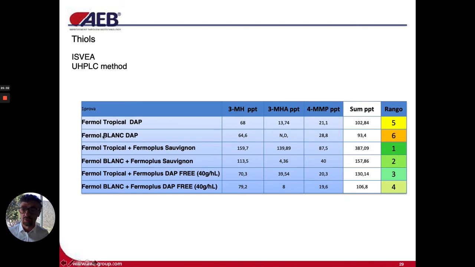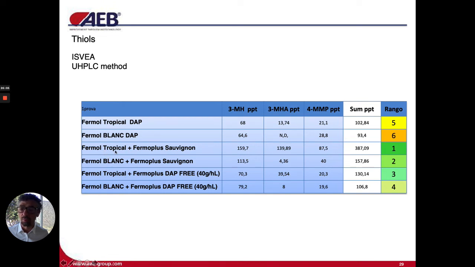It shows that if you use a yeast that is not meant to release or convert thiols, like for example this Fermol Blanc, which is an AB yeast normally used as a workhorse for its characteristic of being a variety bayanus, it's got a lot of resistance, it's a very solid fermenter, but doesn't have certain features.